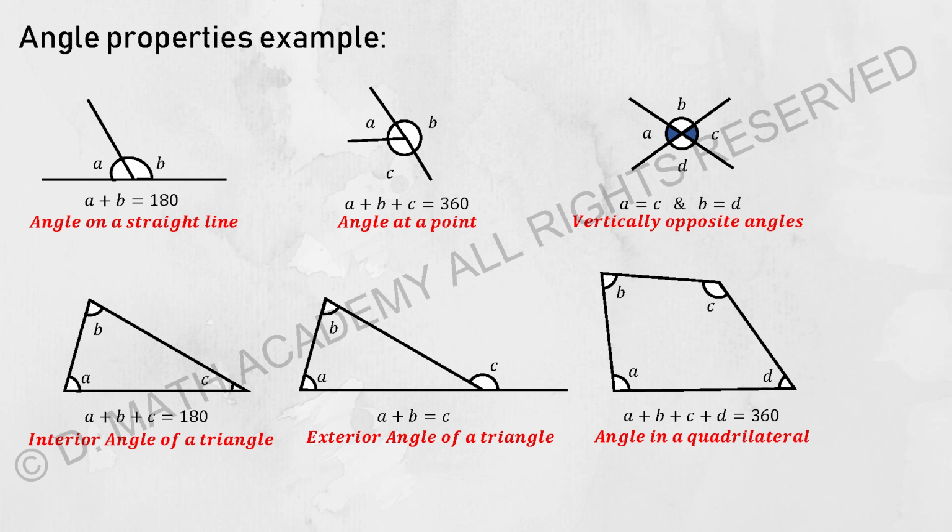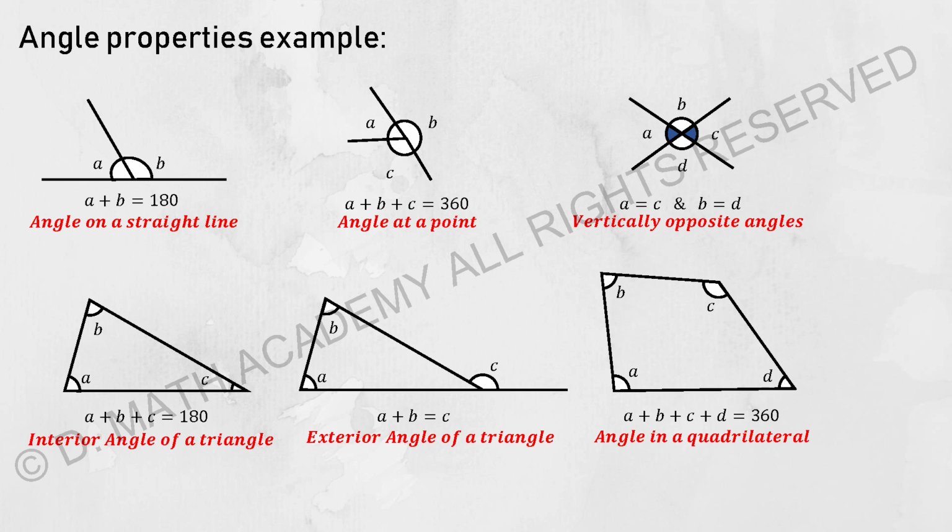This is because they are vertically opposite angles. And the interior angles of a triangle add up to 180. The exterior angle of a triangle, C, will actually be the total of A plus B. It's the corresponding angle that's inside the triangle. Exclude that, add the other two up, you will get C.